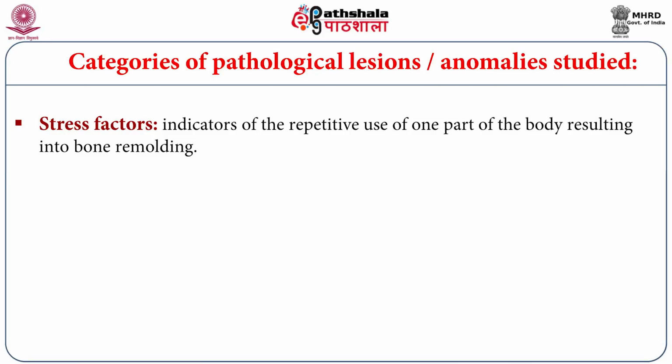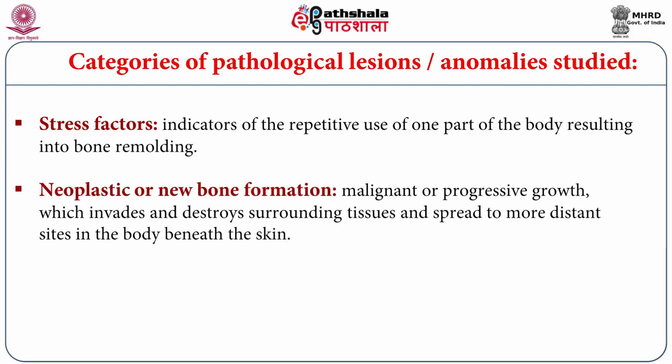They are the indicators of repetitive use of one part of the body resulting in bone remodeling. Neoplastic new bone formations can also be studied. Malignant or progressive growth, which invades and destroys surrounding tissues and spreads to more distant sites in the body beneath the skin, can also be studied.